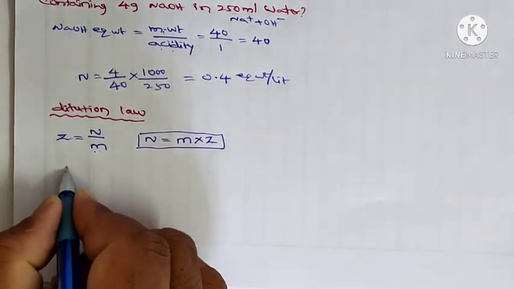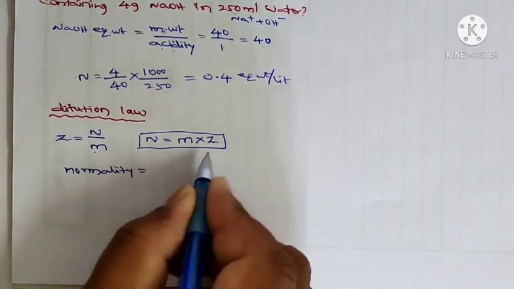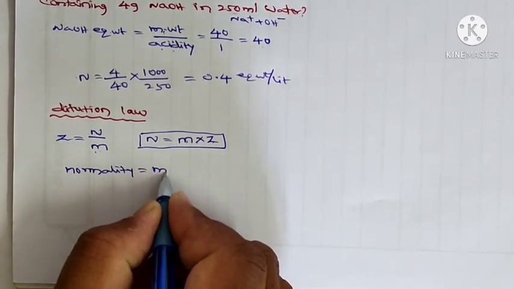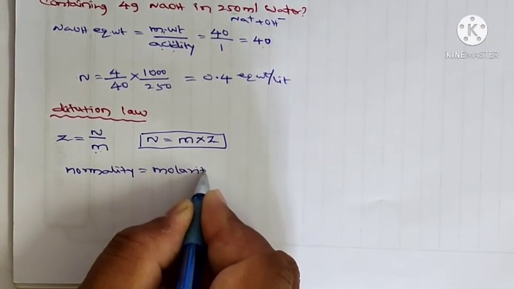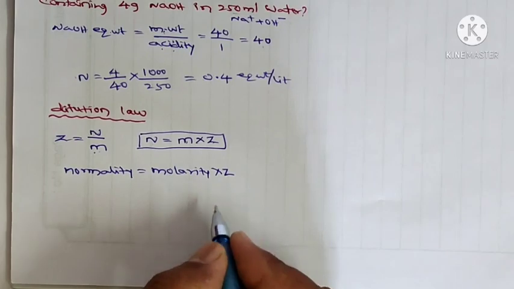So normality is equal to molarity into Z, where Z is the number of equivalents of substance.